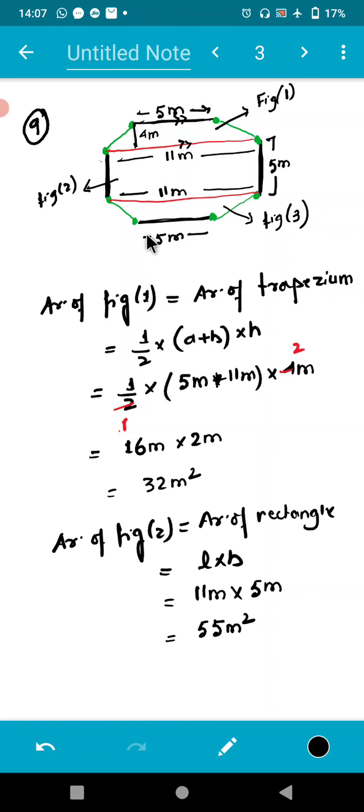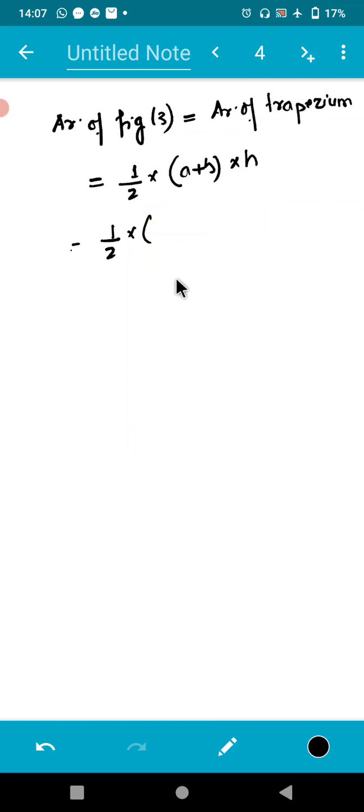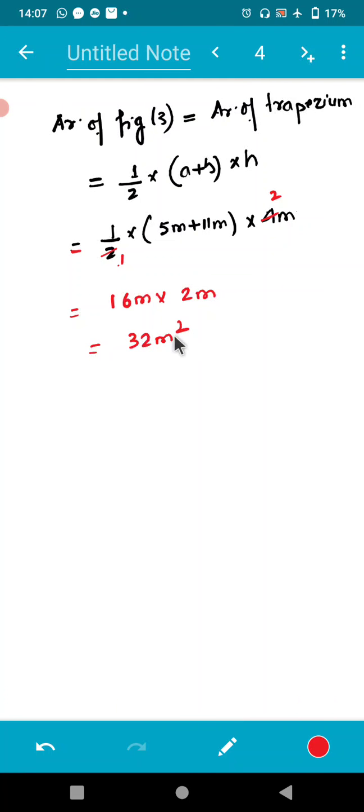So, this is 11, this is 5, and the perpendicular distance between these two would also be the same. Okay. So, now 5 meter plus 11 meter into height, that is 4 meter. Now, we will reduce this 4 with 2, 2 ones are 2, 2 twos are 4. So, it will be equal to 16 meter into 2 meter. So, that will be equal to 32 meter square.